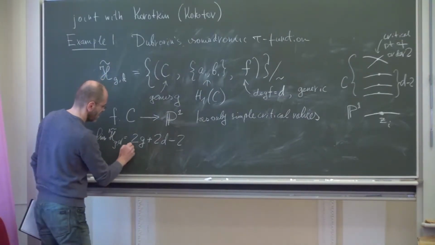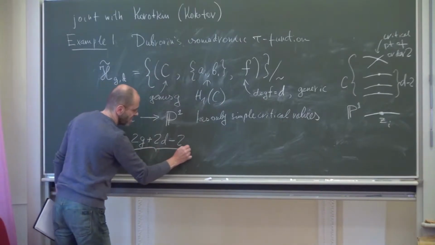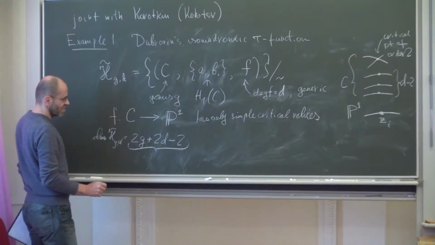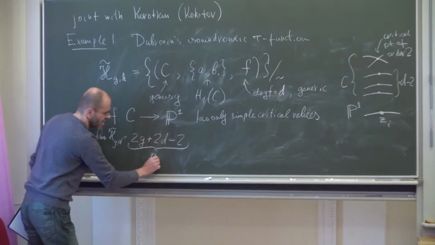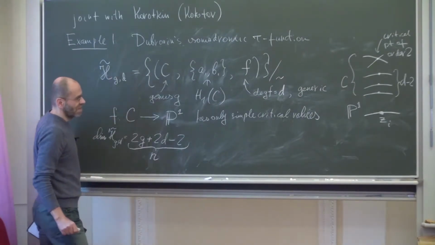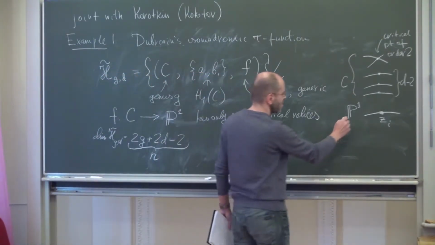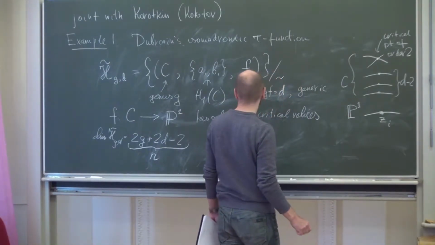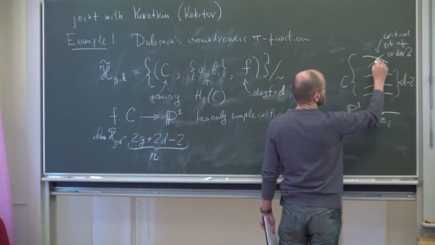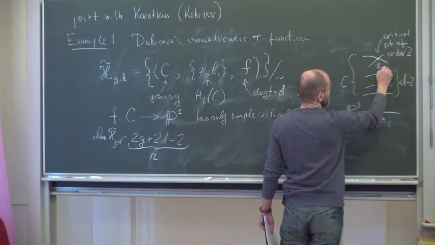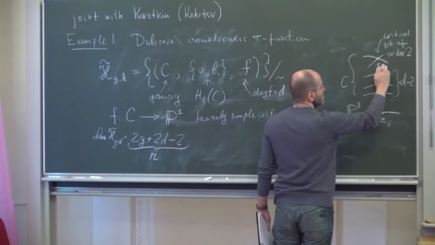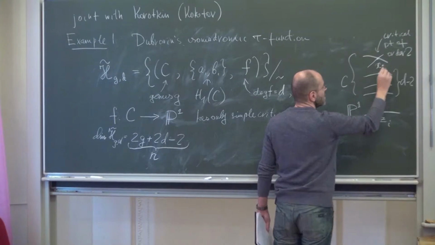And for the sake of convenience, I'll also denote this number by simply n. So there are n simple critical values, and there are n corresponding critical points that I'm going to denote by x_i.